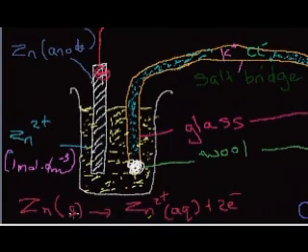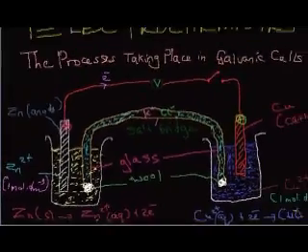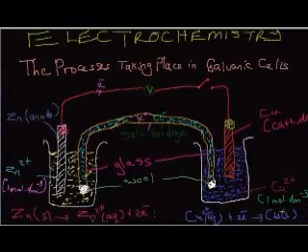Why? Because the electrode is being oxidized to Zn2+ by losing 2 electrons. These 2 electrons lost from the zinc electrode are the ones gained by the copper 2+ ions, and in the process we form solid copper.